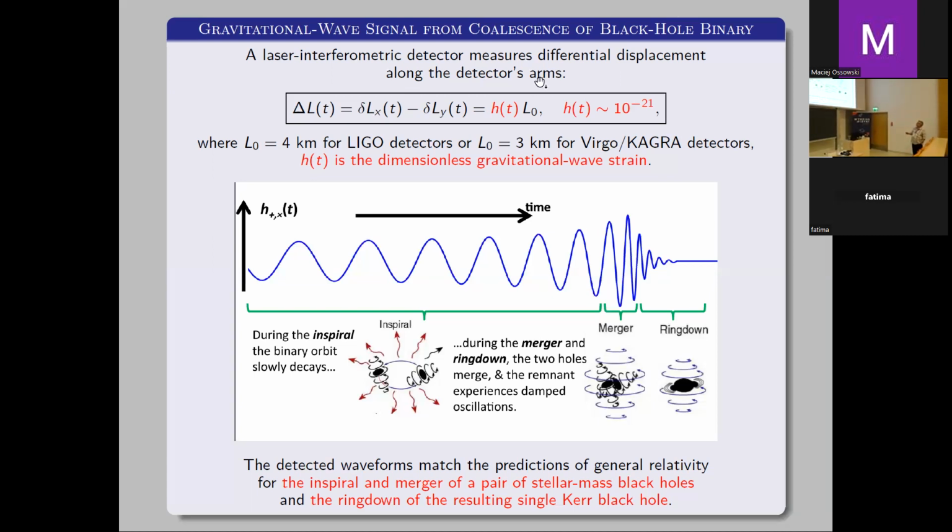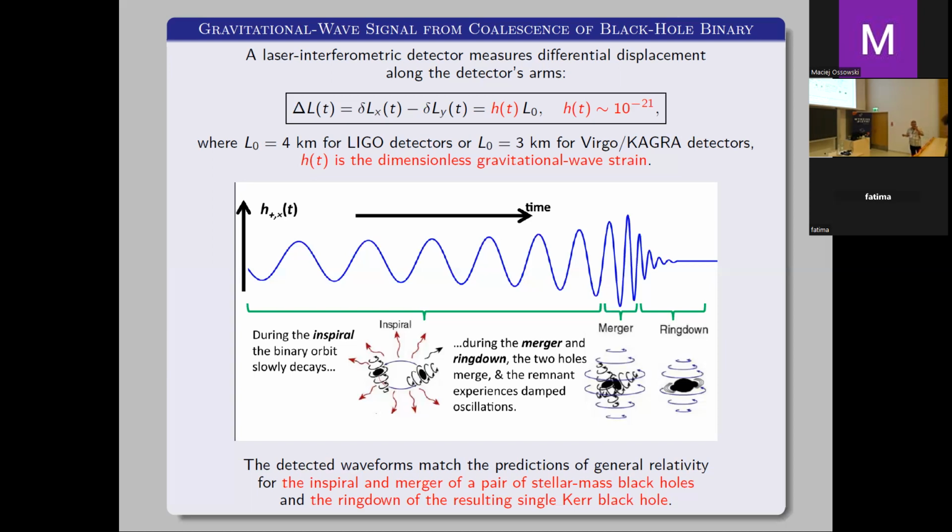We know that for LIGO detectors, we have 4 kilometer long arms, sorry. And for Virgo and KAGRA detectors, this length is equal to 3 kilometers.